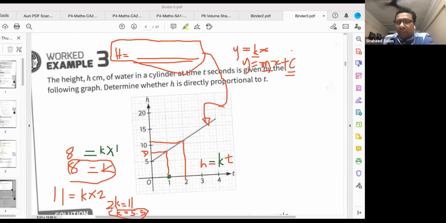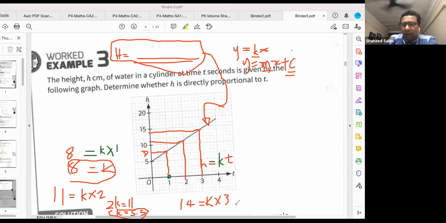This is not directly proportional. So how to prove it's not directly proportional when the K changes? We try one more. When T is 3, H is 14. So 14 equals K times 3. 3K equals 14.